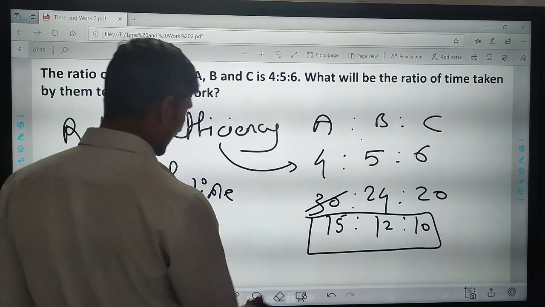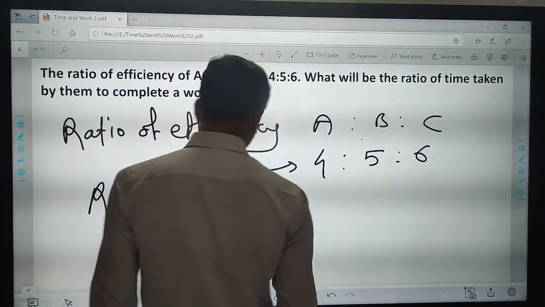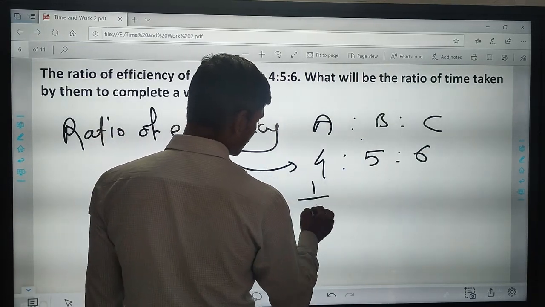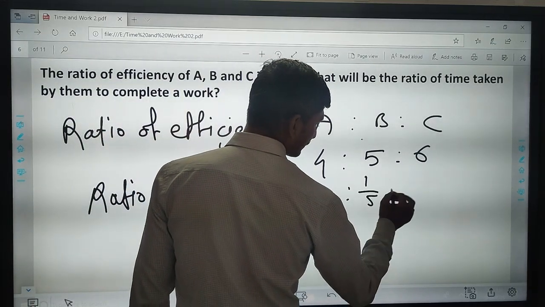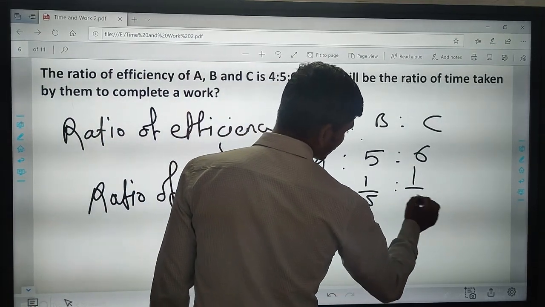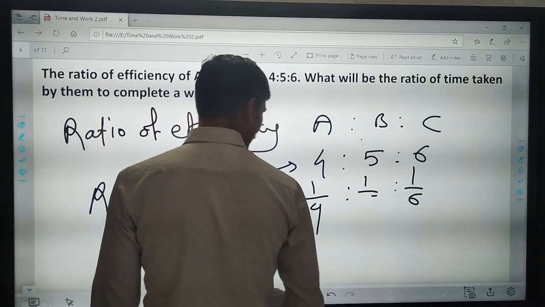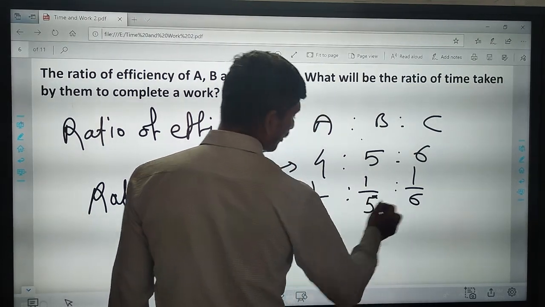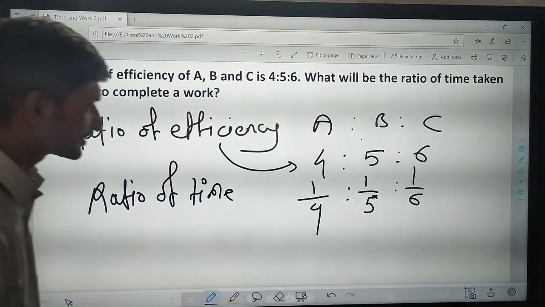Or also we can write the ratio of time taken as the reciprocal of efficiency. Now we multiply all of these by the LCM of 4, 5, 6. The LCM of 4, 5, 6 is 60.